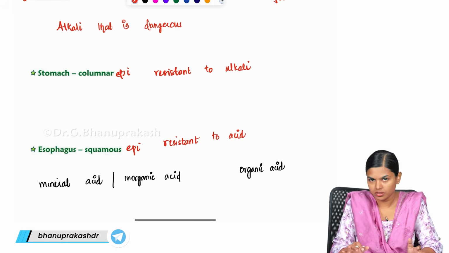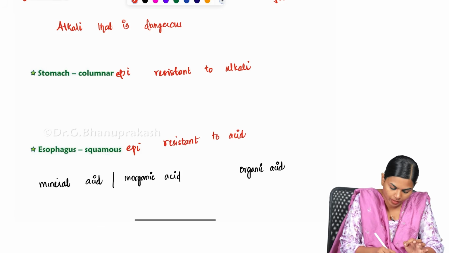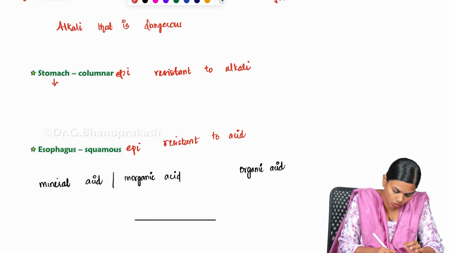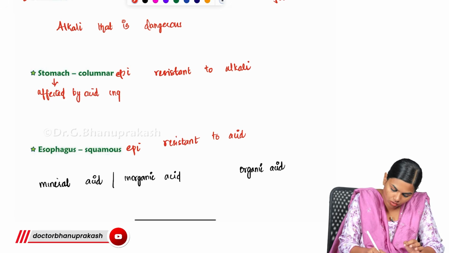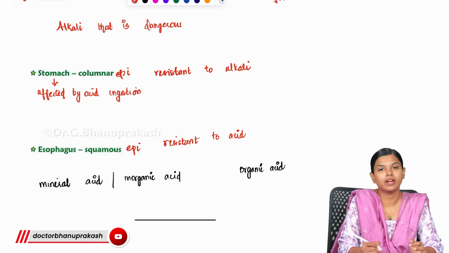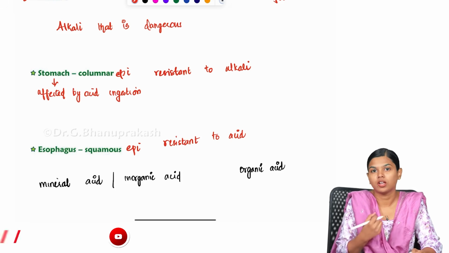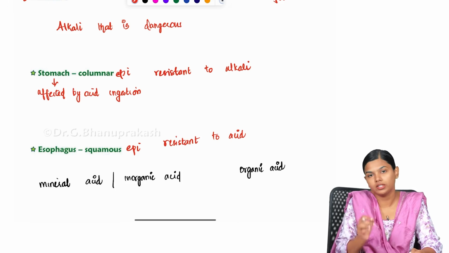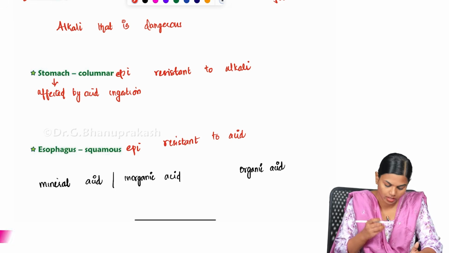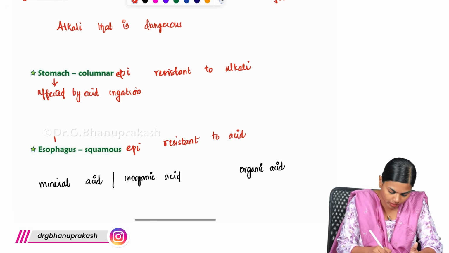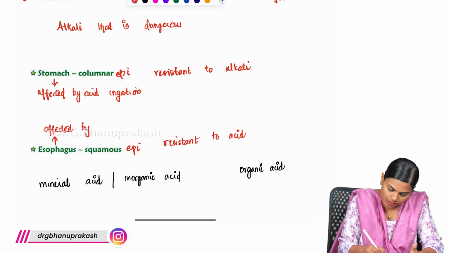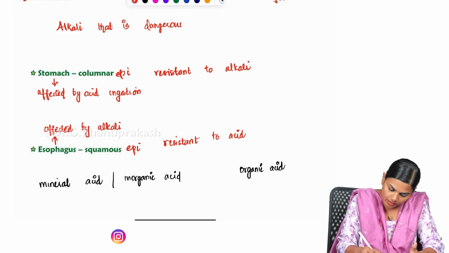Because of this, if it is an acid ingestion, it mostly affects the stomach. In acid ingestion, you will see stomach perforation and damage to the stomach mucosa. And for esophageal injury, stricture formation and perforation, everything will be seen in alkali ingestion. So the esophagus is affected by alkali ingestion.